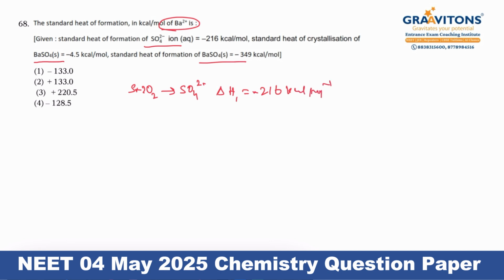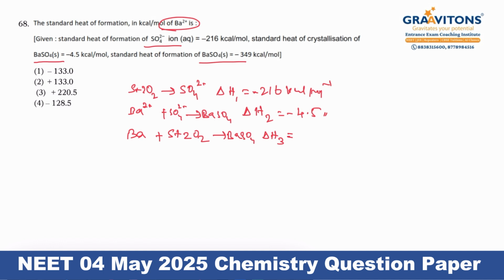And similarly I can take barium 2 plus and SO4 2 minus gives you barium sulfate, then delta H2 for this is minus 4.5 kilocalories per mole. And the last equation is barium solid combines with sulfur and 2 O2 leading to the formation of BaSO4, and the respective enthalpy change is delta H3, minus 349 kilocalories per mole.